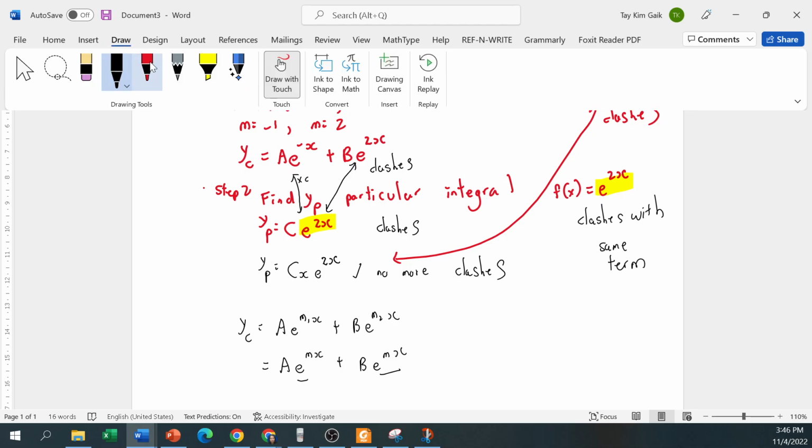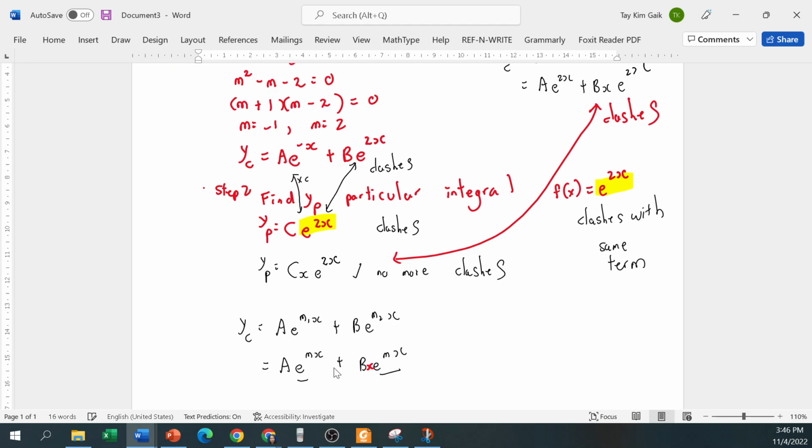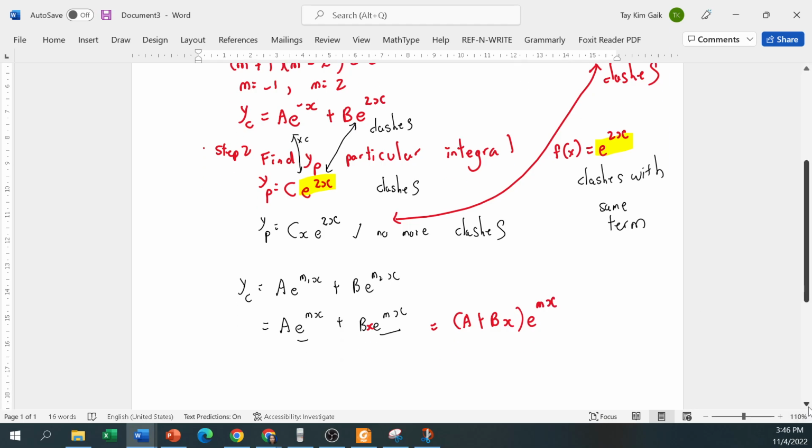That's why for the second case of the homogeneous solution we have a e^(mx) plus b x e^(mx), or written as (a plus bx) e^(mx). So normally, if f(x) is an exponential term, or a sin or cos, you have to be careful whether there is a clash or not.